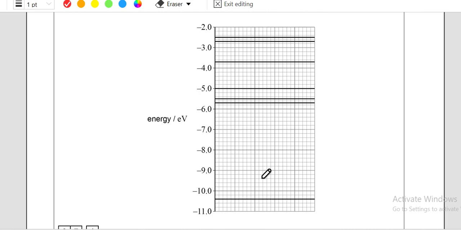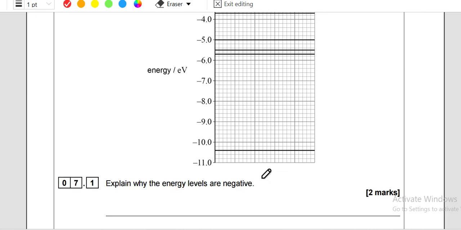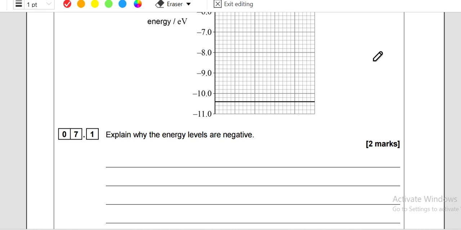Okay, energy levels, why are they negative? Because of the energy required to ionize the atom, and when ionization happens, the energy level is 0.